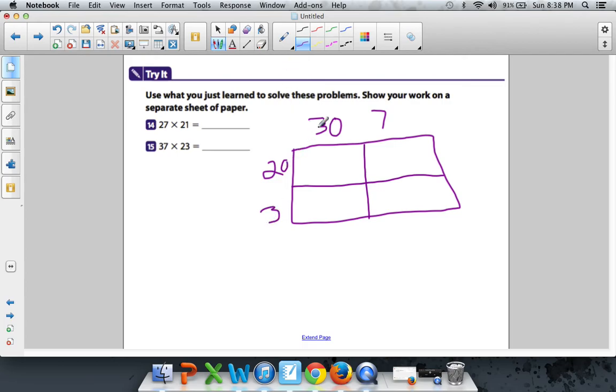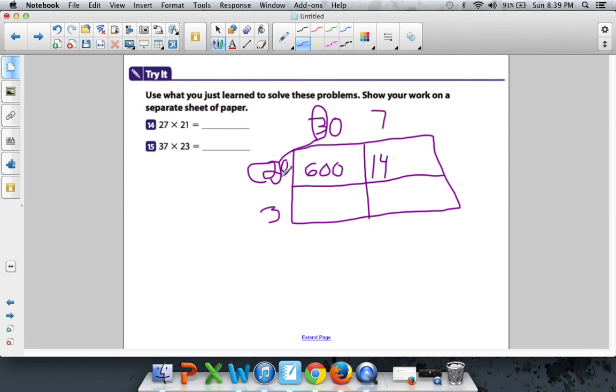What's 20 times 30? Well, think about first, what's 2 times 3? It's 6, okay? And then you just add the zeros. Oh, that's easy. Now think about 20 times 7. Well, just think about 2 times 7. That's only 14. That's easy.